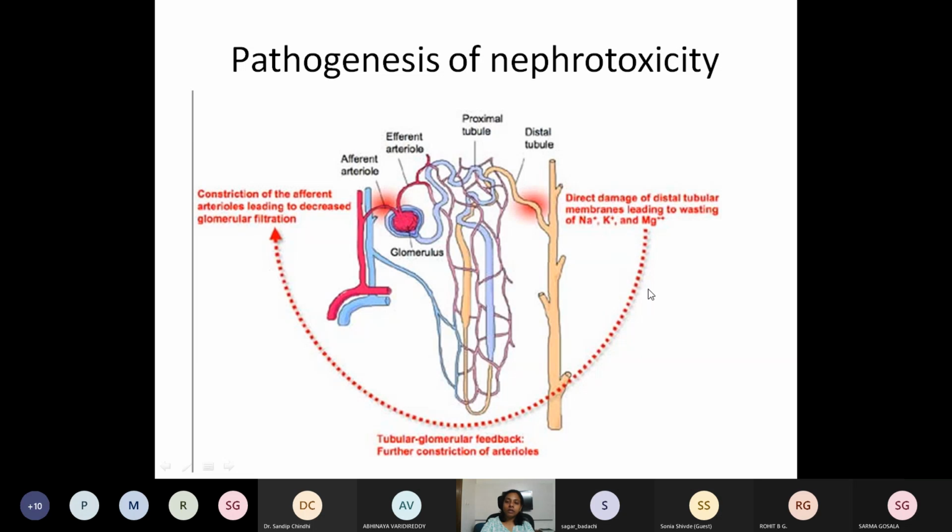And when this distal tubular damage occurs, this is called tubuloglomerular feedback. It results in an increased constriction of the efferent arterioles, and this causes an increase in the serum creatinine. So this is the reason for the nephrotoxicity.